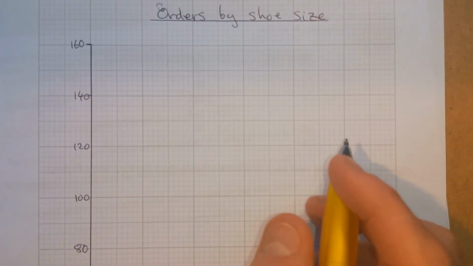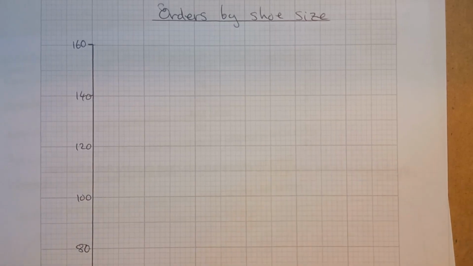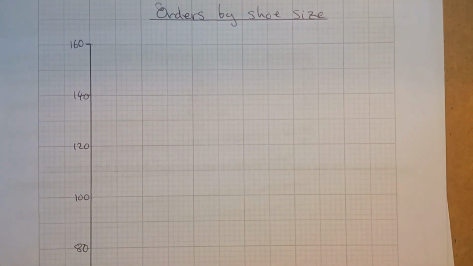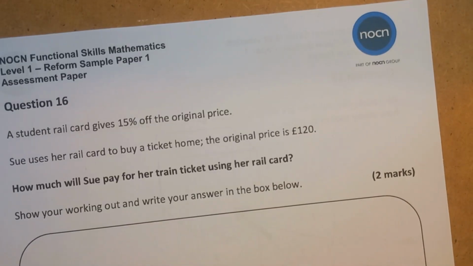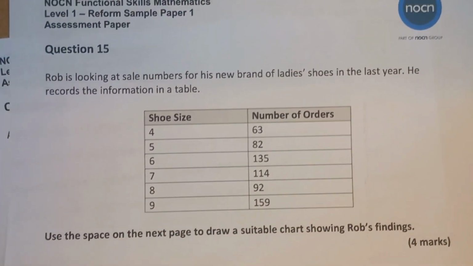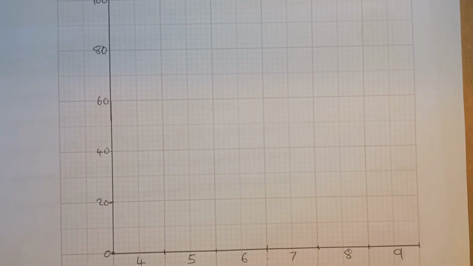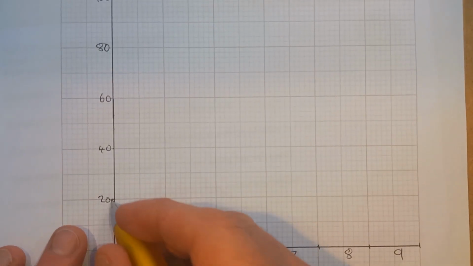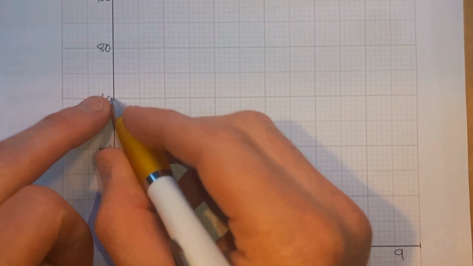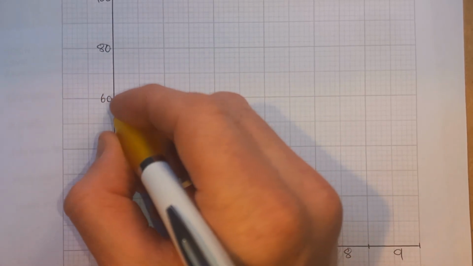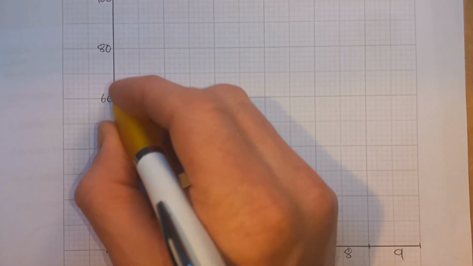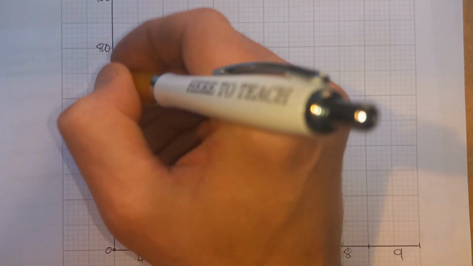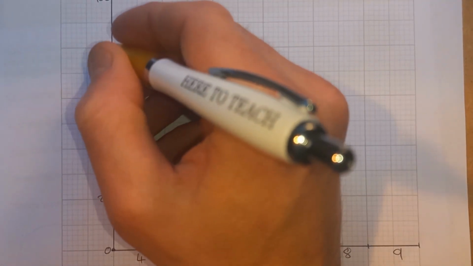Right, so now we need to do the actual plotting on here. For shoe size 4, again if we flip over, we had 63 orders for size 4. Right, so 4's down here, so 20, 40, 60. Now this is where you can easily make a mistake. You might go 1, 2, 3 for 63, but remember, each one of these boxes isn't one order.